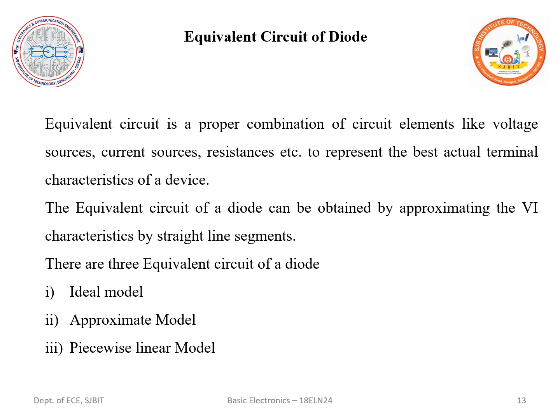Coming to the equivalent circuit of a diode. An equivalent circuit is a proper combination of circuit elements like voltage sources, current sources, resistances, etc., to represent the actual terminal characteristics of a diode or a device. Here we are going to study the equivalent circuit of a diode in three models: the ideal model, the approximate model, and the piecewise linear model.